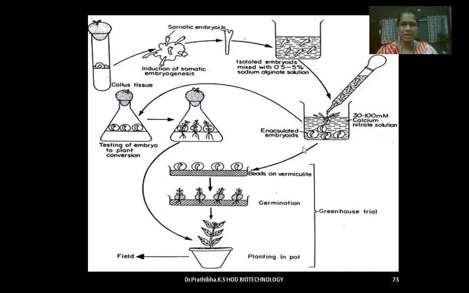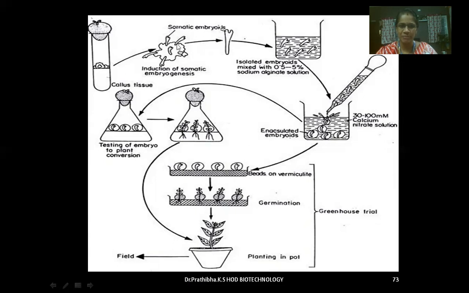Here you can make out the picture representation of the synthetic seeds. First, here we have regenerated the callus. The explant was taken from the somatic plant part or somatic tissue. That explant is subjected to callogenesis or callus tissue formation, then further subjected to somatic embryoids, it means induction of somatic embryogenesis.